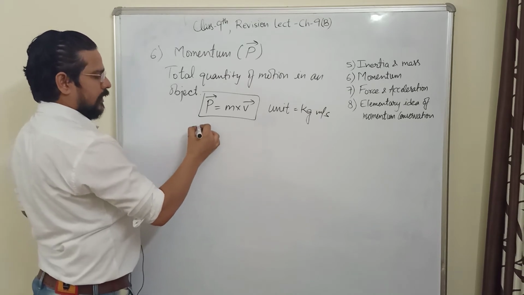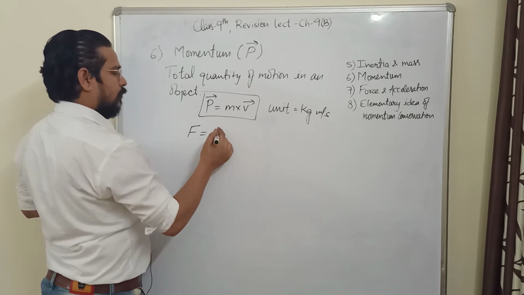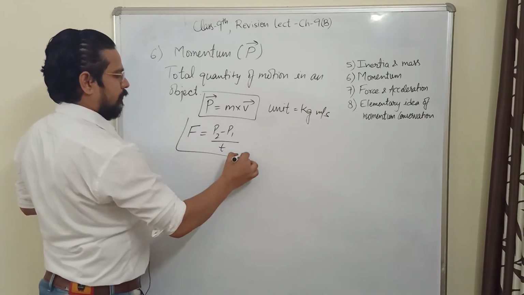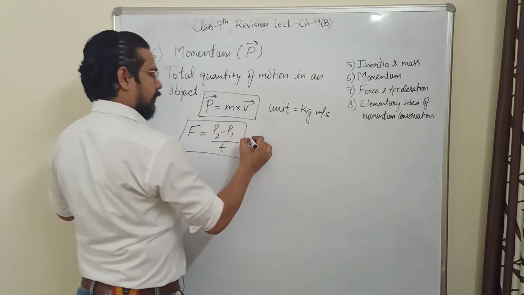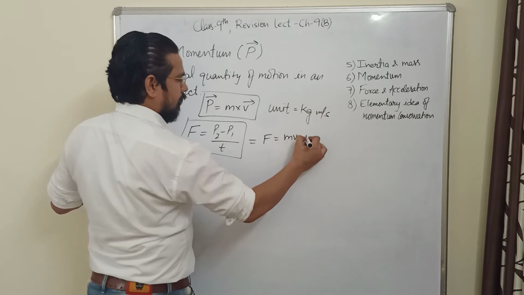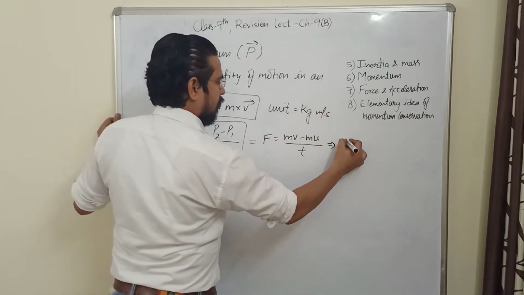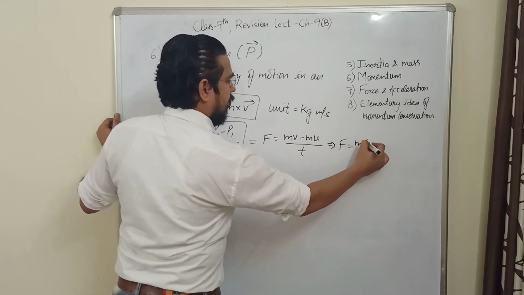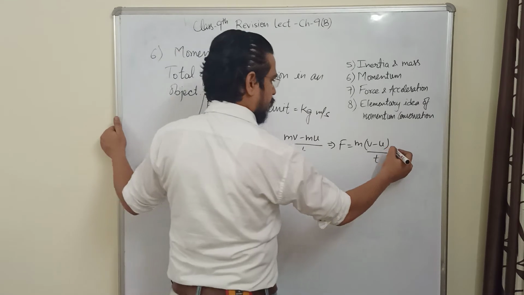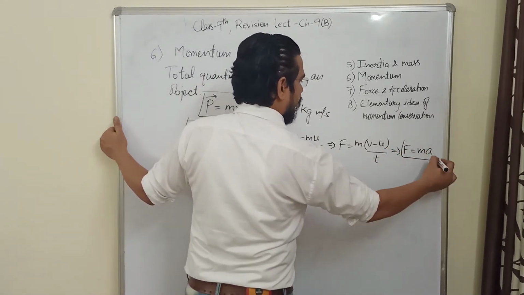According to Newton's second law, as we have studied, F is equal to rate of change of momentum, P2 minus P1 divided by time taken. And we already derived this relation that F is equal to mv minus mu divided by t, taking m common, m(v minus u) by t, or F is equal to ma.